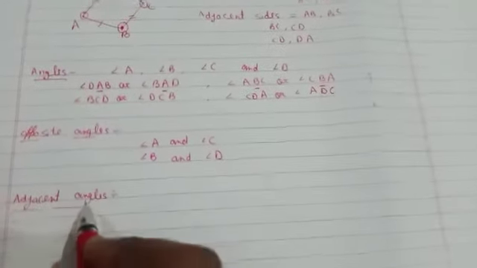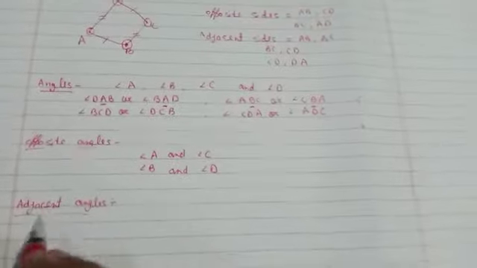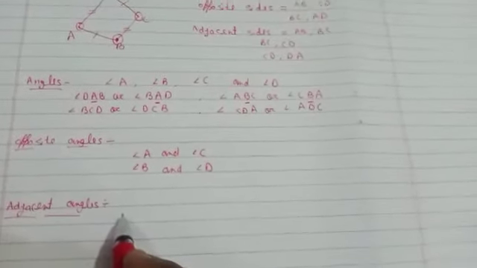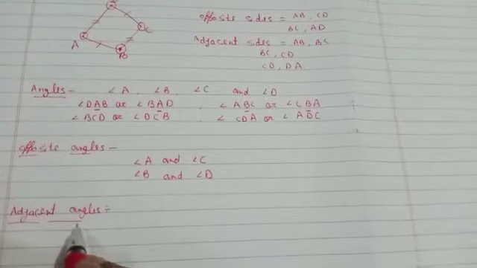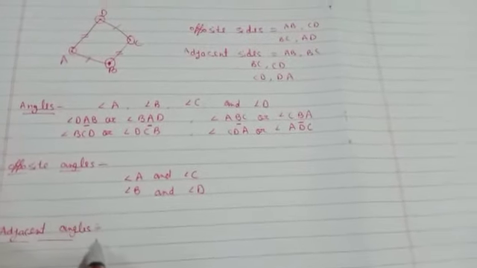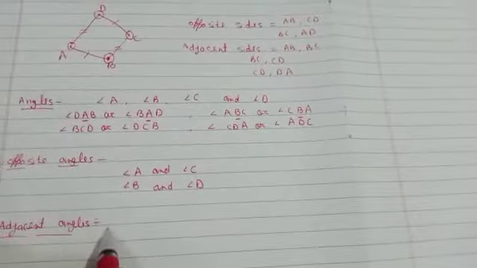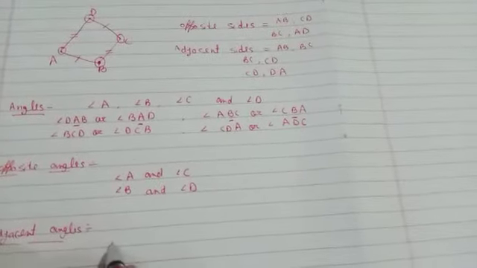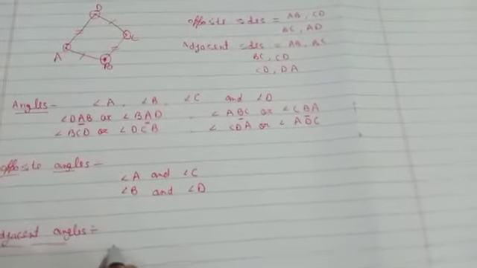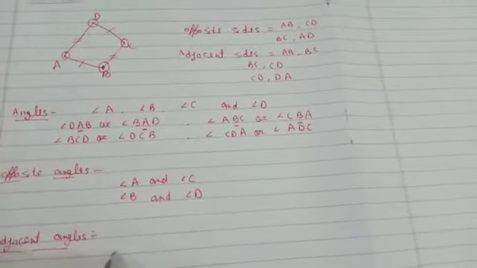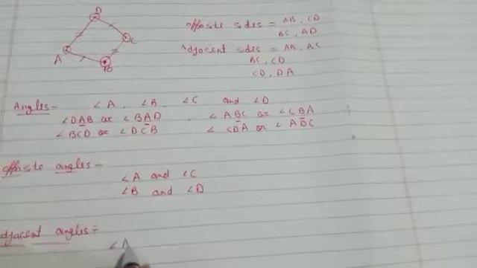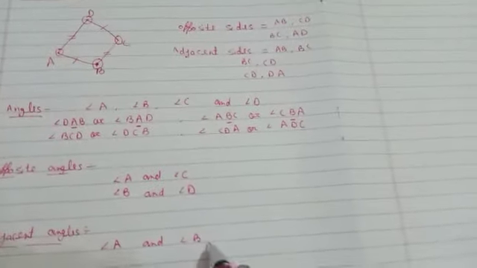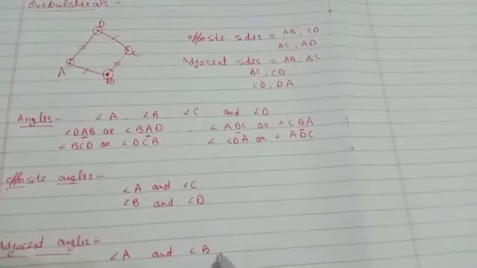Now talking about the adjacent angles, angles which contain a common vertex and a common arm are adjacent angles, such as line segment AB contains two angles, angle A and angle B. AB line is common.